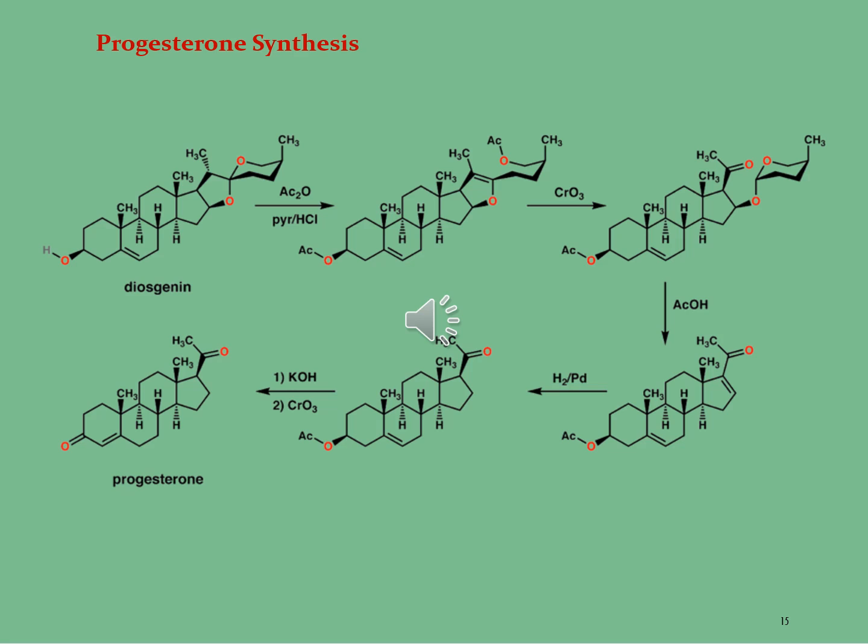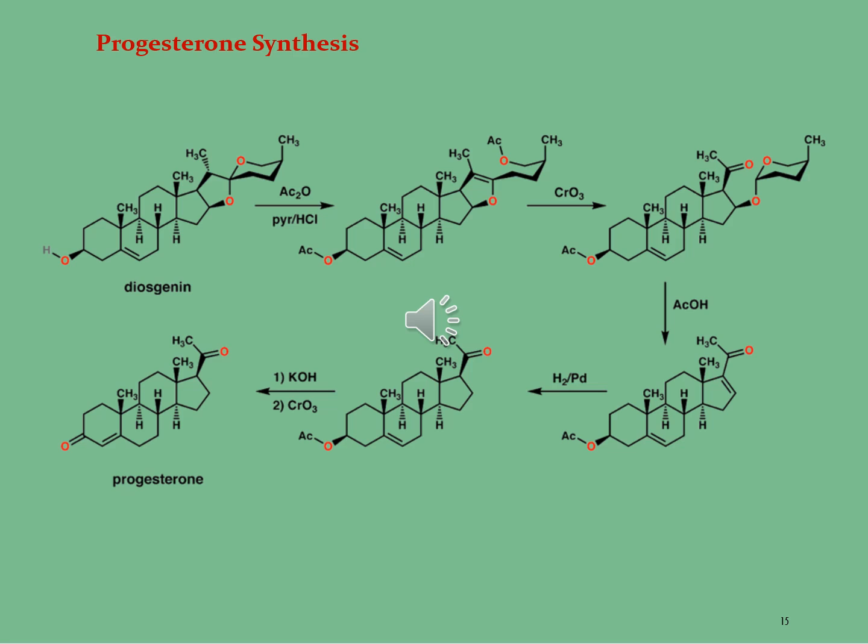This is the second last molecule, which is further treated, in the first step with alkali, that is potassium hydroxide, and in the second step with chromium trioxide. So the acetyl group is further reduced into a carbonyl group at carbon 3.